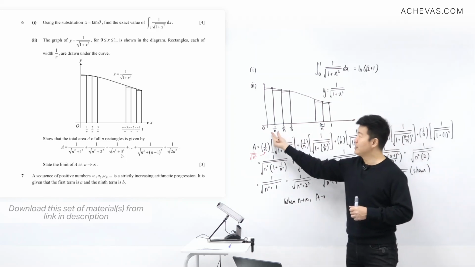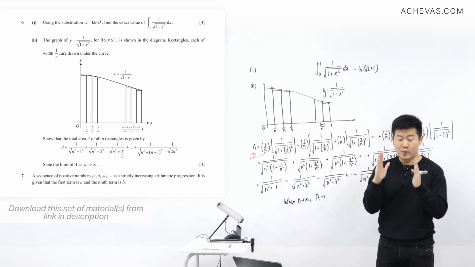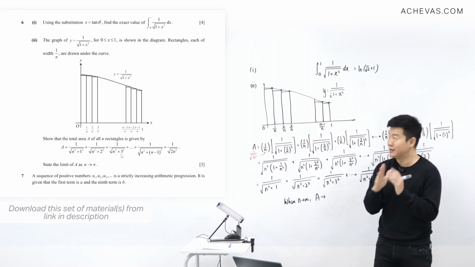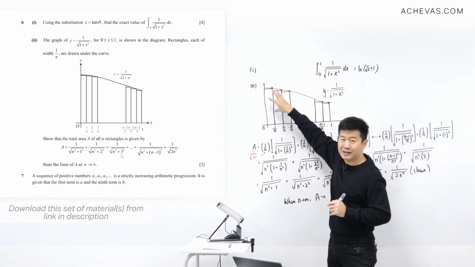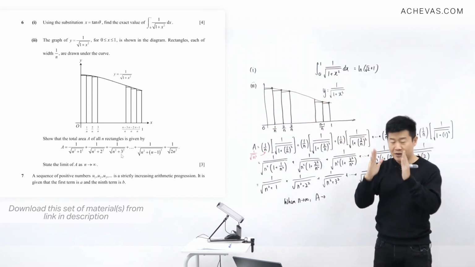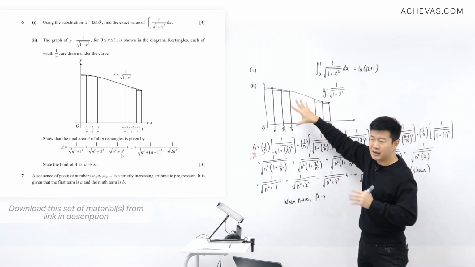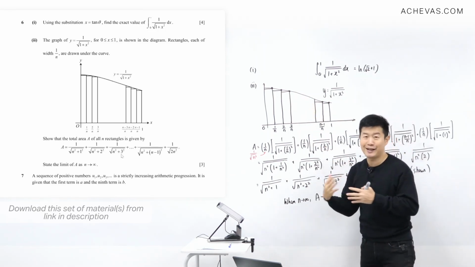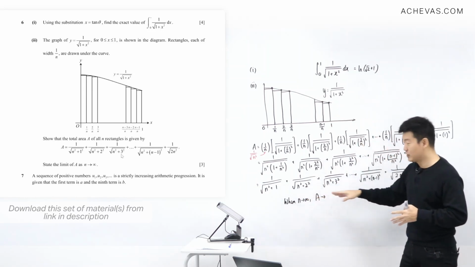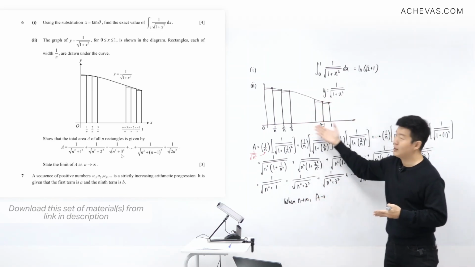So when n tends to infinity, 1 over n, which is the width of all the rectangles, will become smaller and smaller, which means that the approximation will get better and better, because for the same width, 0 to 1, we are dividing into even more rectangles, which underestimate this area, but when n tends to infinity A will tend to the exact area under the graph.